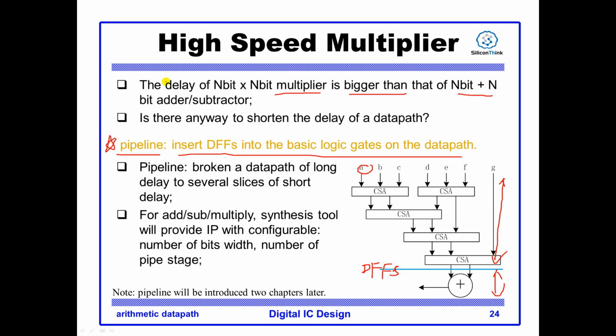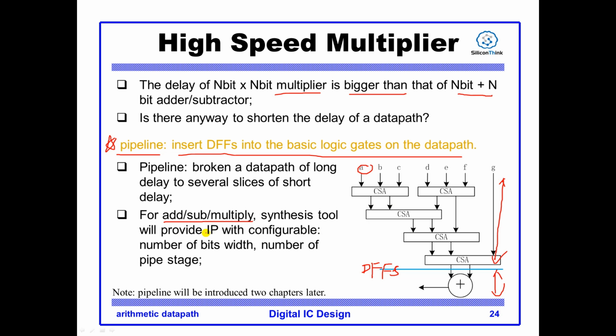This is the idea. For the details of pipeline, I will introduce it 2 chapters later. The idea is to break a long data path into several pieces of short data path. For the operations we have learned, there is no need for you to implement the pipeline architecture.